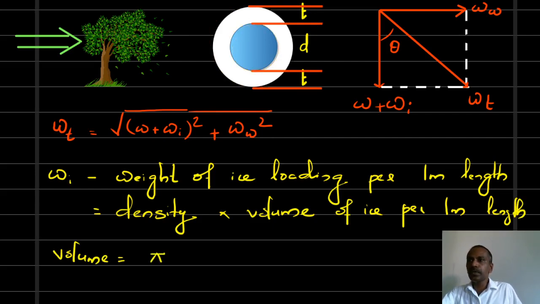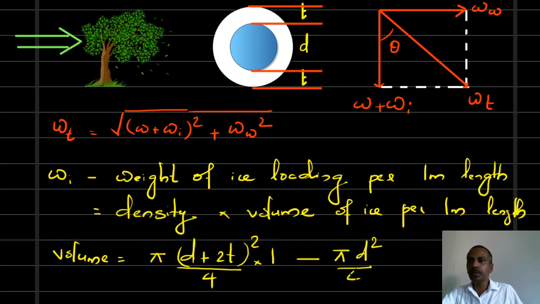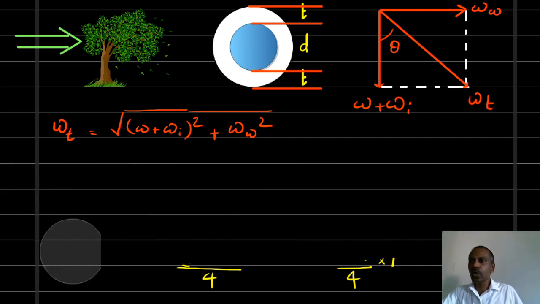The whole volume is pi into (d plus 2t) the whole square by 4, since the whole diameter is d plus t plus t, into the length of the conductor, which is 1 meter, minus the volume of the conductor alone, pi d square by 4 into h. Again, h is equal to 1 meter. This is how we find the weight of the ice coating.